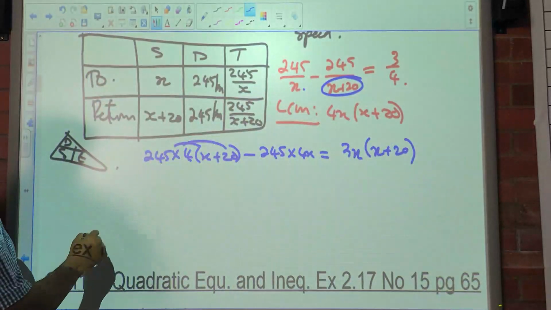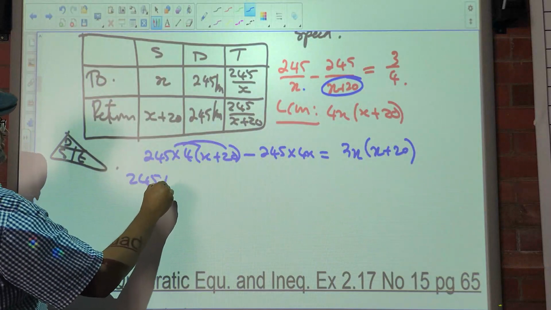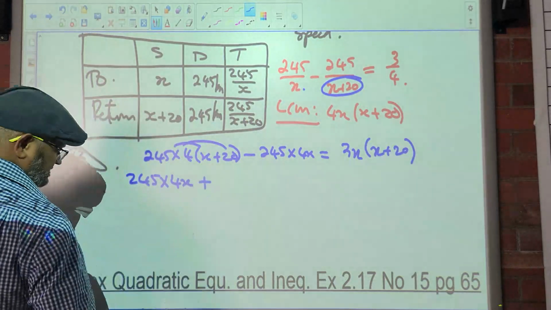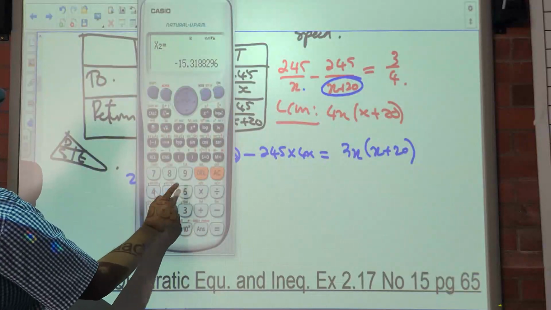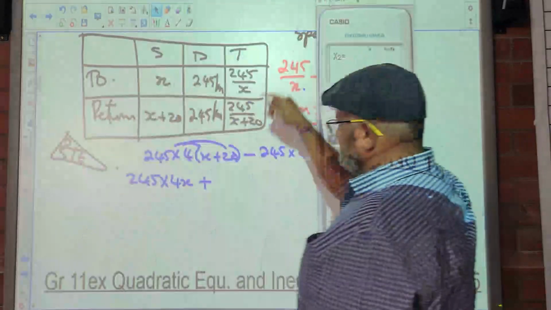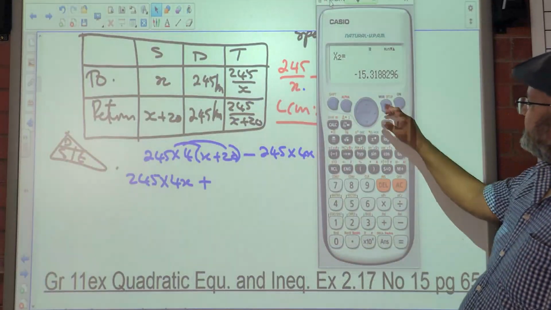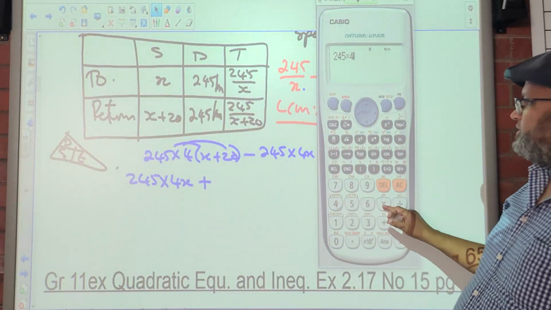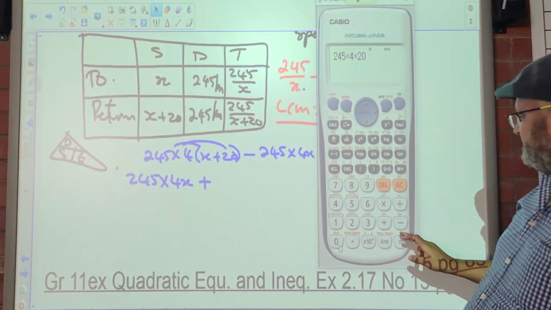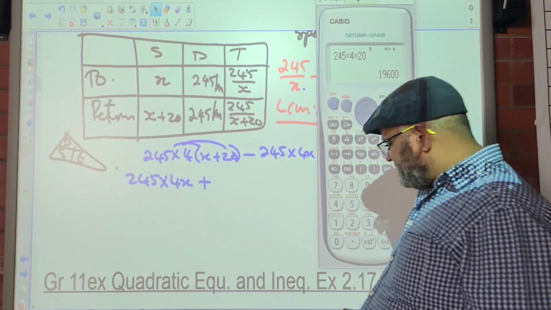Multiply that out. It's going to give you 245 times 4x plus 245 times 4 times 20, which gives you 19,600.